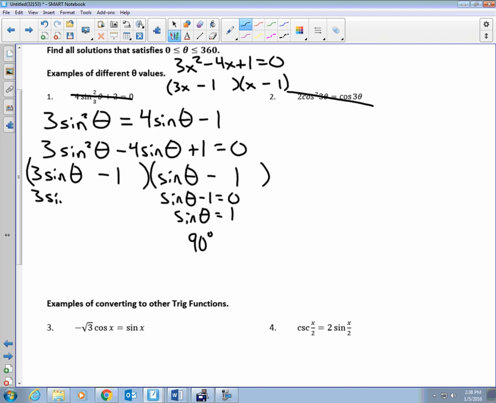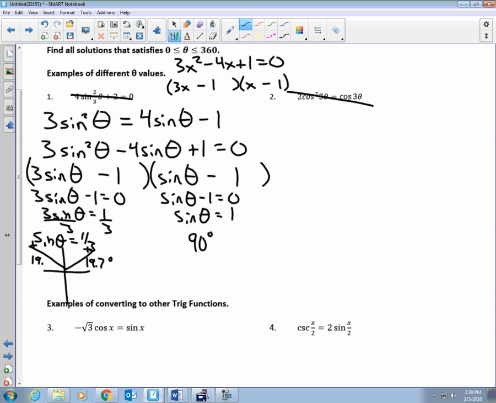Here I have 3 sine of theta minus 1 equals 0. Add the 1, I get 3 sine of theta is equal to 1. Divide by 3. Sine of theta is equal to 1/3. Hey, is sine positive or negative? It's positive. Which quadrant is sine positive in? First and the second. Somebody inverse sine of 1/3 on their calculator? 19.7.